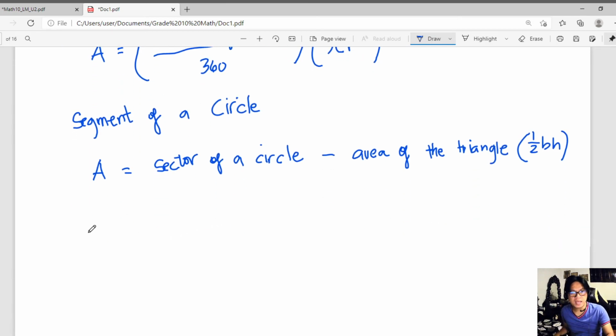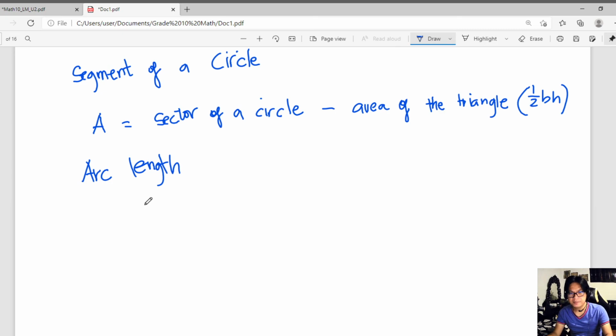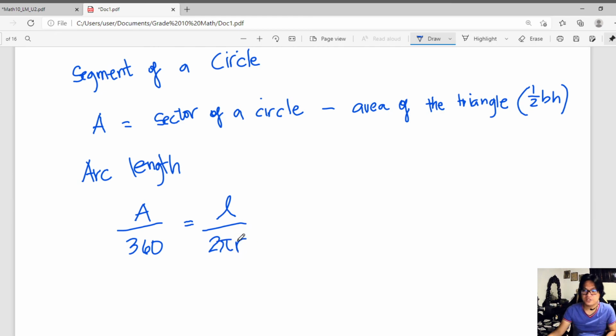And the last one is the arc length. The proportion is A, the measure of the arc, over 360, is equal to the arc length, denoted as L, over 2 pi r, wherein r is the radius of the circle.